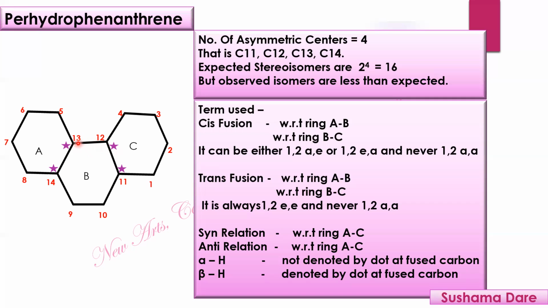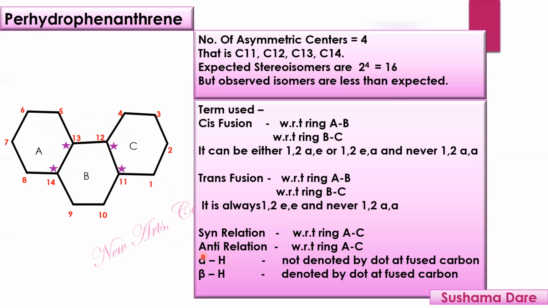The syn relation means the terminal rings have the same stereochemistry at the 13 and 12 carbon atoms, while the anti-relation means the stereochemistry at C13 and C12 is different. So the terms generally we use: AB fusion can be cis or trans, BC fusion can be cis or trans, but for the terminal ring relation, it is either syn or anti.